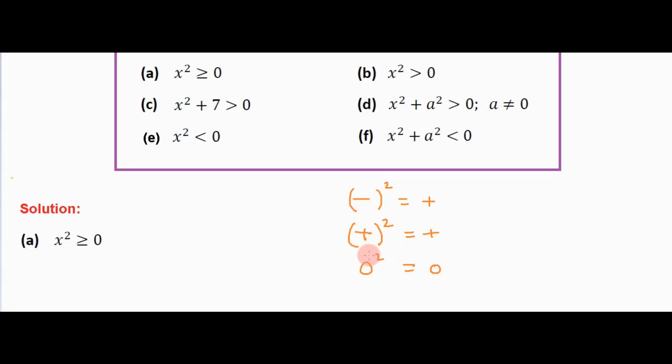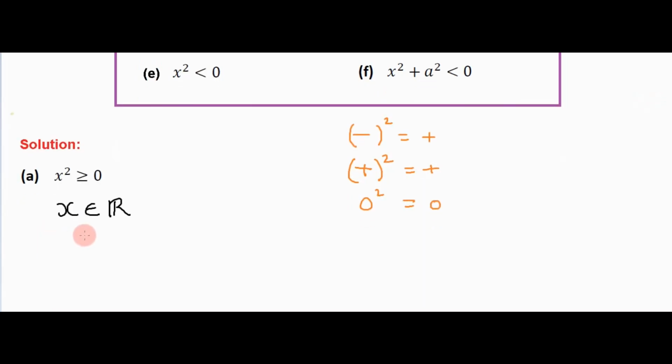So we can see from this that any negative real number, or any positive real number, or 0 will satisfy this inequality. And hence our answer is x is an element of real numbers. We can also write this in interval notation as follows.